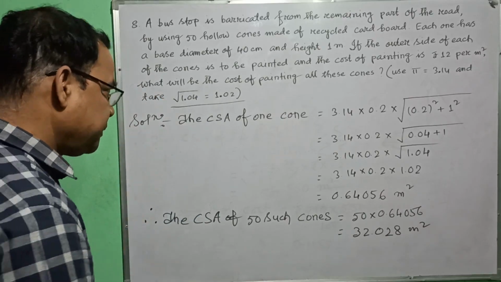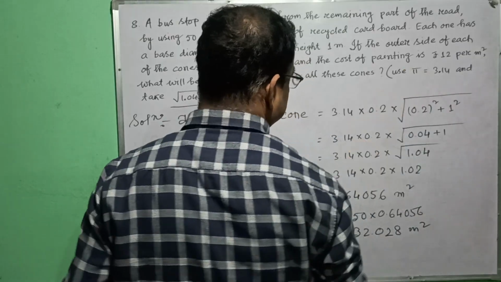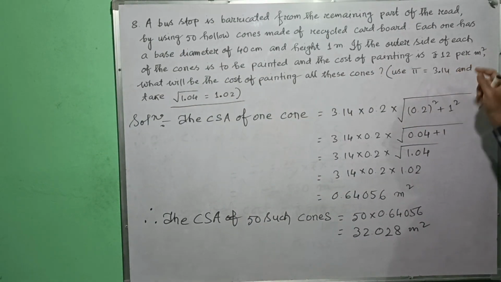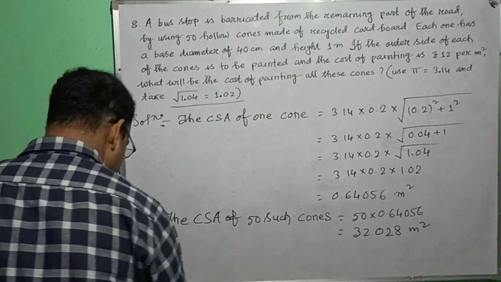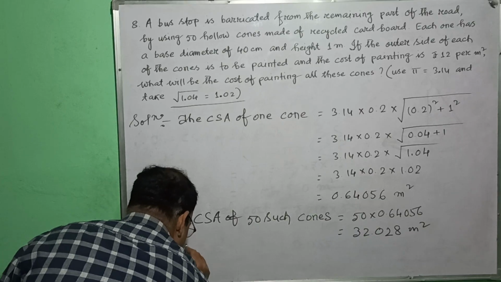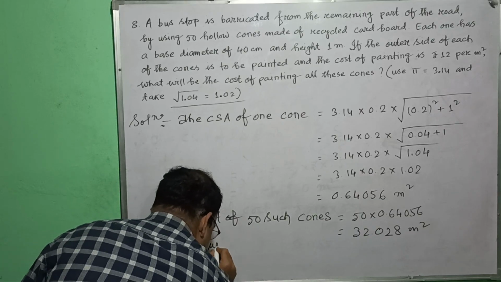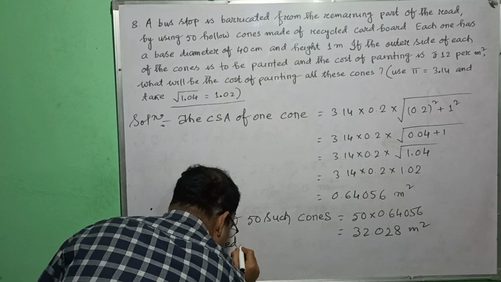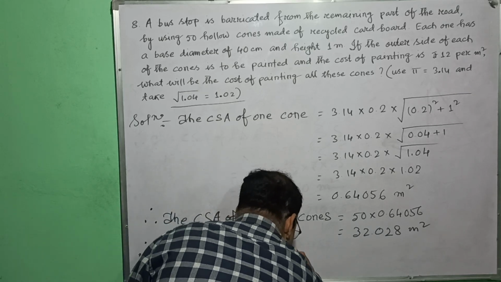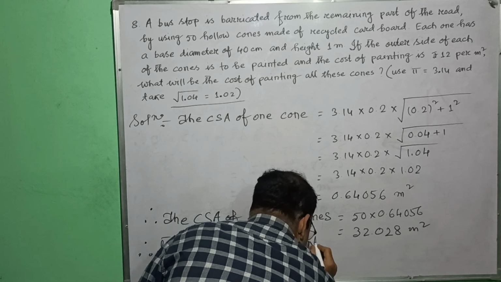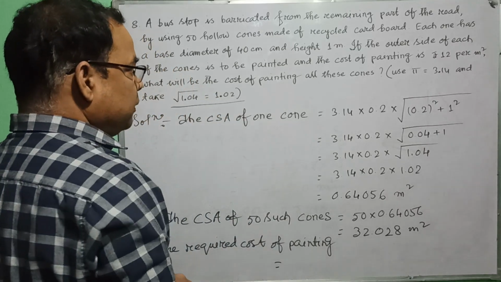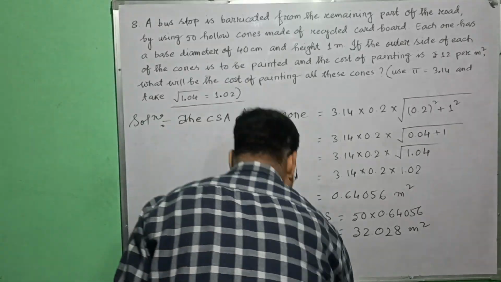Now we'll find the cost. As it is given, the cost for painting is rupees 12 per meter square. So we can write therefore the required cost of painting equal. So we'll multiply by 12.